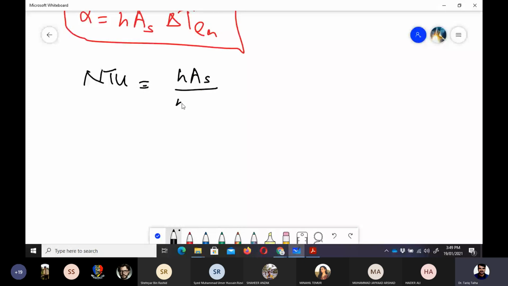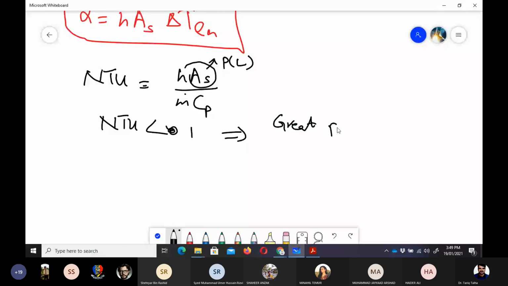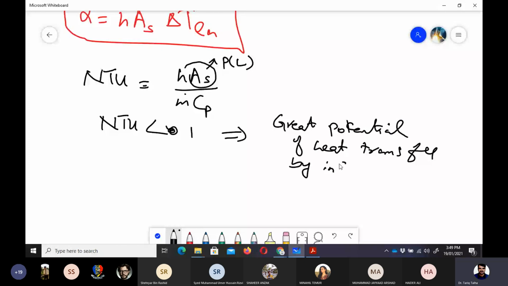So if NTU value is less than 1, then we say there is great potential of heat transfer by increasing its value. How can we increase the value of NTU? Either we can increase the length of the pipe.